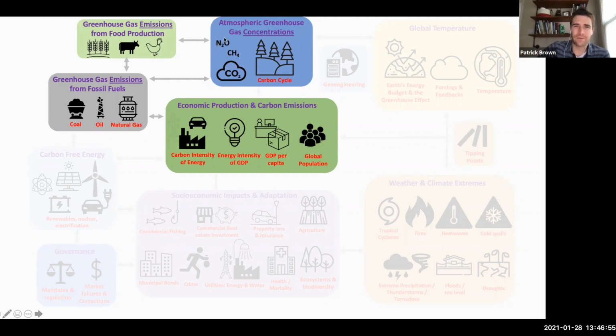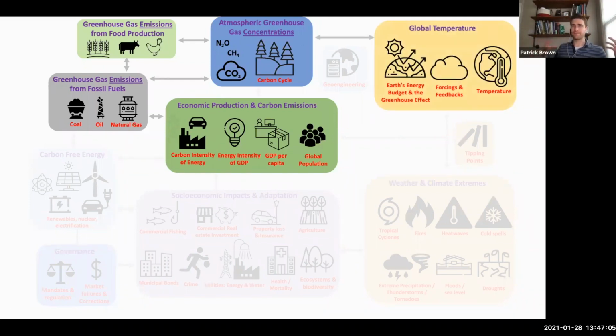These are our three main gases that we worry about in this class: nitrous oxide, methane, and carbon dioxide. We worry about those because when we put them into the atmosphere, they allow sunlight to come in from the sun, but they prevent the Earth's energy from escaping to space. And so the more of those gases you put into the atmosphere, the more energy accumulates in the Earth system, and we get an increase in global average temperature.